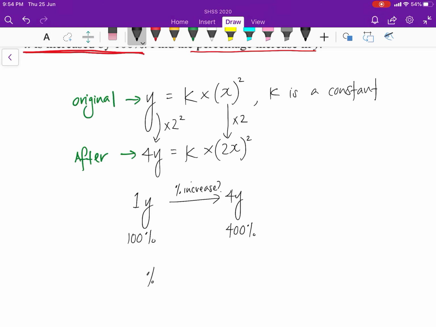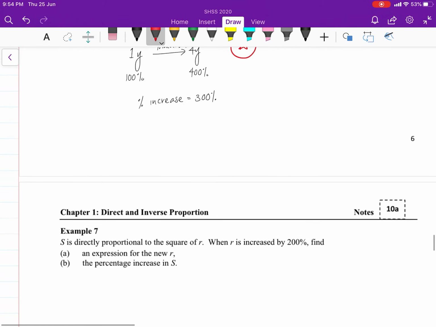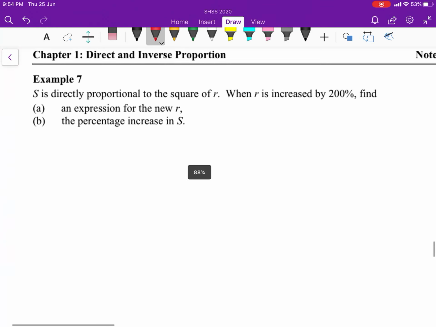What do you think is the percentage increase here? It's definitely 300%. So this is a concept. Now, this question is a higher order thinking question in the O levels. So I need you to know this concept.